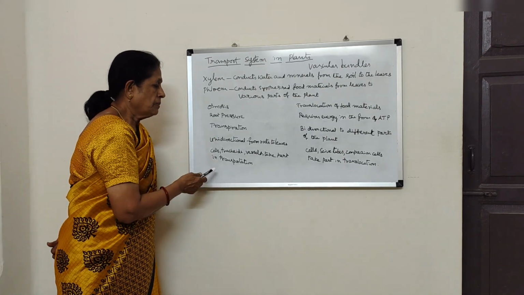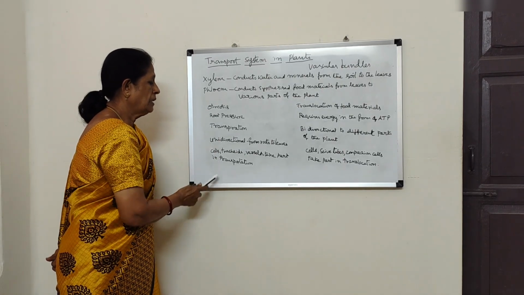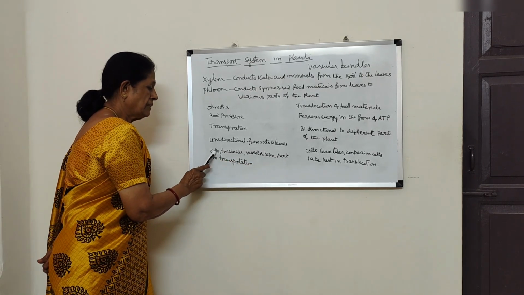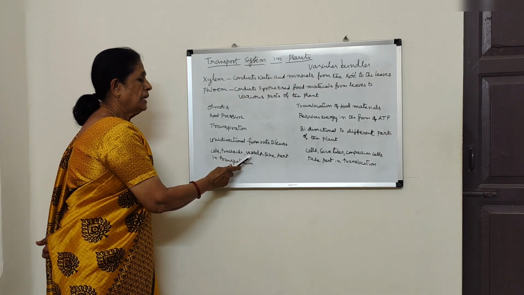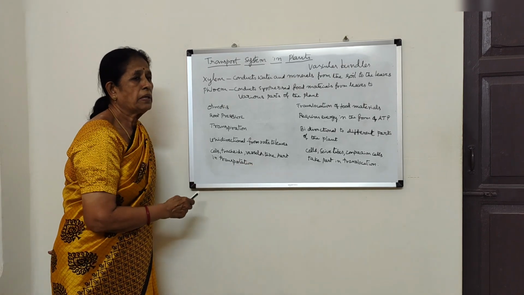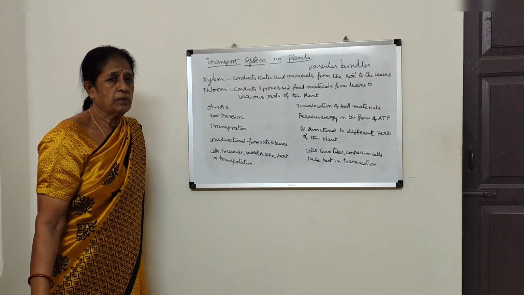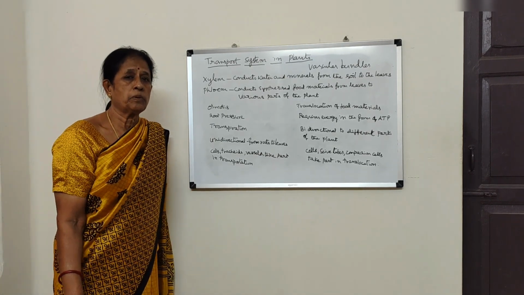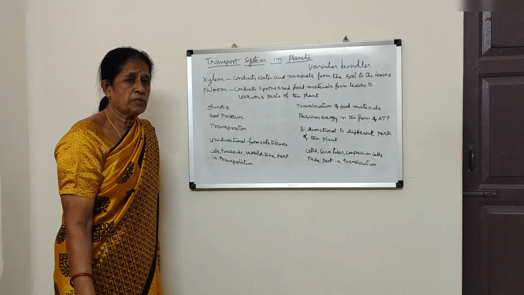So in the transportation of water and minerals, the xylem cells, tracheids and xylem vessels, take part in the process of transportation. In addition to this, xylem gives mechanical support to the plants also, that you might have studied.